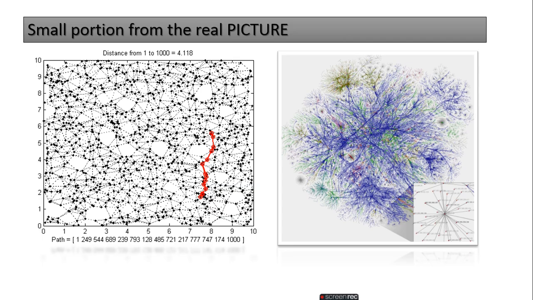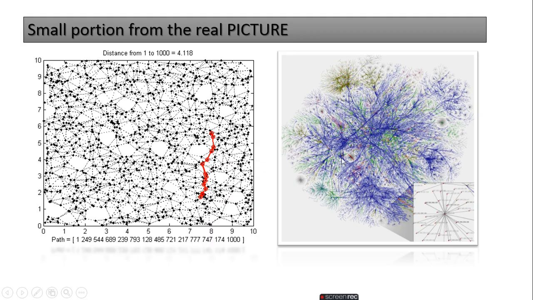One such path I have highlighted in red, so you can see this clearly. The red color indicates a path from one source to a destination, and if this bottom of the red line is the source, there can be so many other paths where you can send the packet and reach the destination.